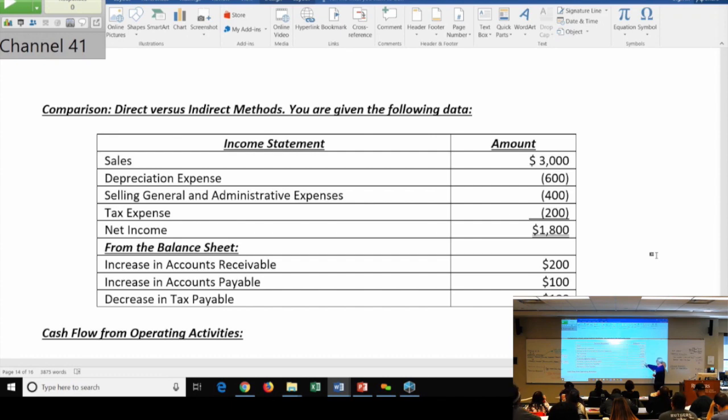I also have an increase in accounts receivable from balance sheet information of 200. I've got an increase in accounts payable of 100, and I've got a decrease in tax payable of 100.